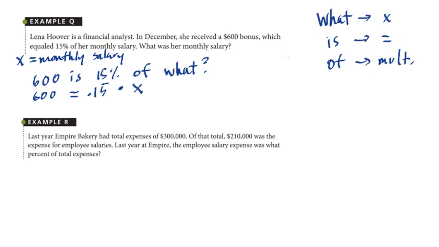Let's proceed and solve for the monthly salary, x. We would have to divide by 0.15, so it's 600 divided by 0.15, which is 4,000.